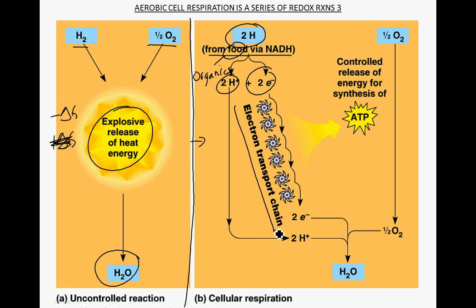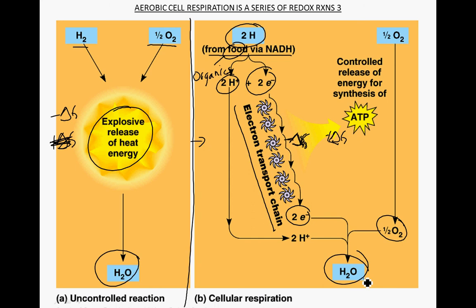And as the electrons move through the electron transport chain, we're going to harness this negative delta G of these electrons moving to then generate ATP, which is a positive delta G. So we're going to couple this negative delta G reaction to this positive delta G reaction in the electron transport chain. At the end of the chain, the electrons will be donated to this oxygen atom, and we're going to make water. So we're going to reduce oxygen to water at the end of that electron transport chain.